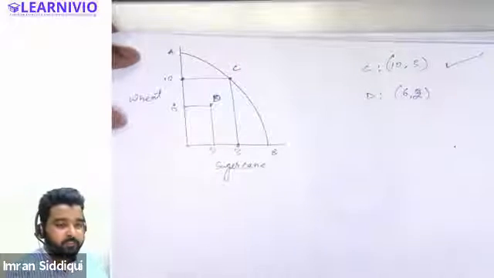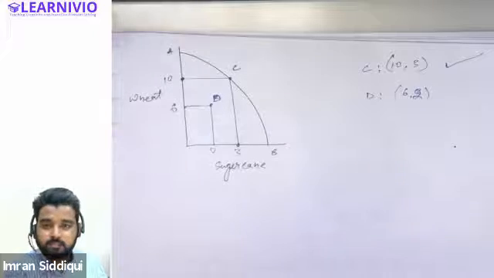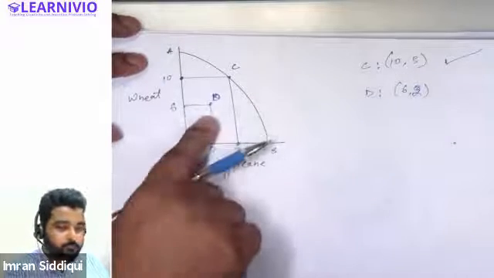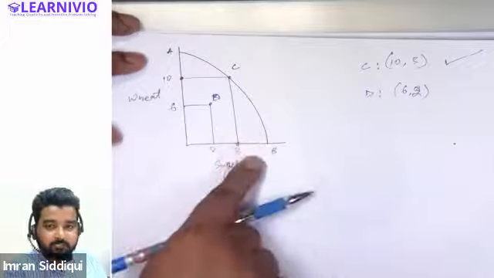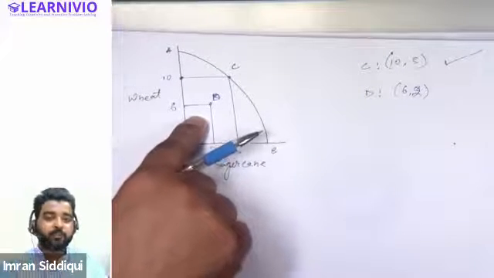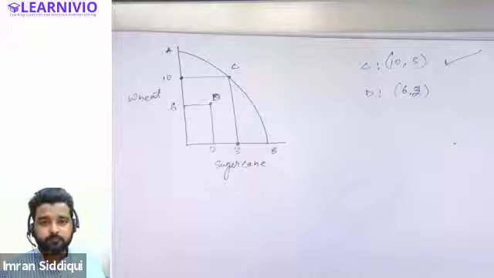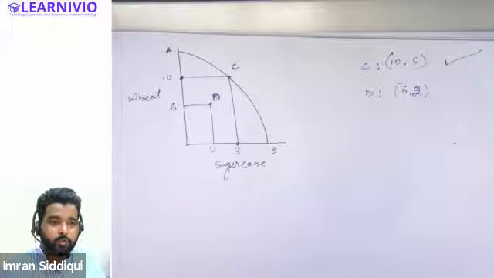Please tell me whether he will be able to produce such a combination of two goods or not. The answer is yes, because this combination is within the capacity of the producer. If this line indicates the capacity of a producer, then this combination lies within the capacity, which means the producer is able to produce it. He has the available resources for producing this combination.